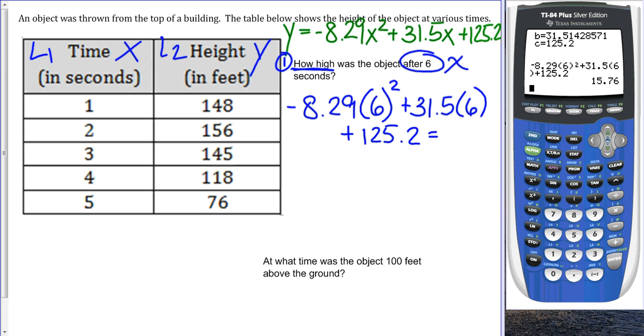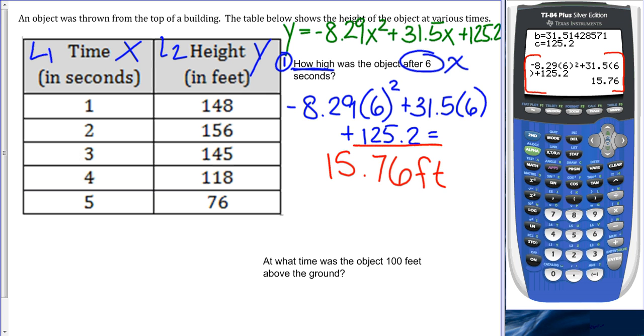So when I went to my calculator, I just plugged in exactly what I wrote there, evaluated it using the calculator, and I found out that the object will be 15.76 feet high after 6 seconds.